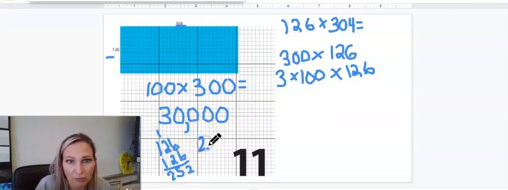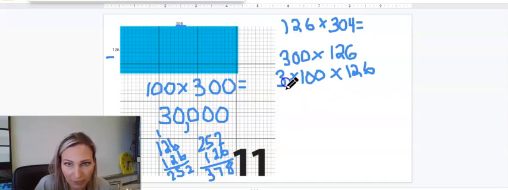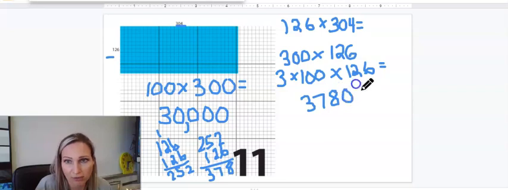And then I'm going to add 126 again. So this was 8, 7, so I get 378. But that's just 3 times 126, okay? And now I have to multiply that by 100. So I'm going to move everything over 2 place values to the left, or just add 2 zeros in this case to make this easier.